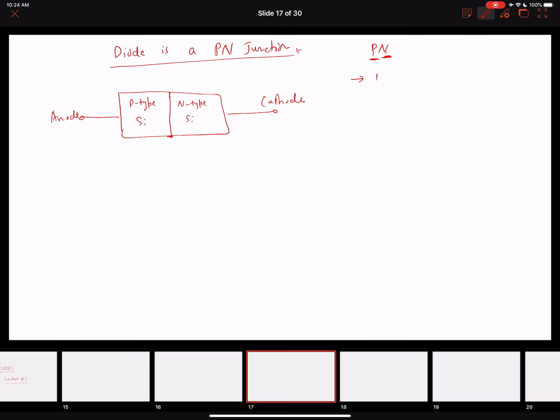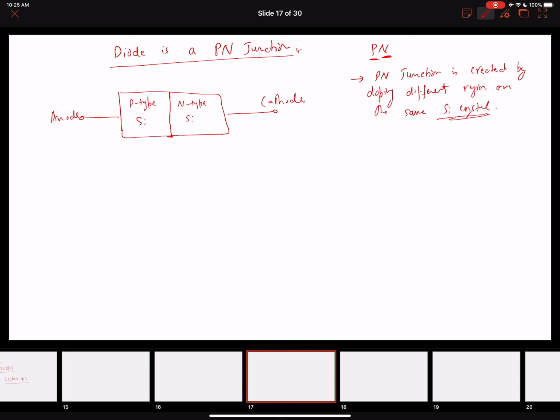So a PN junction is created by doping different regions of the same silicon crystal.